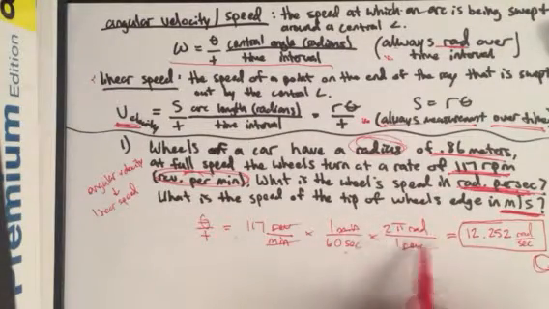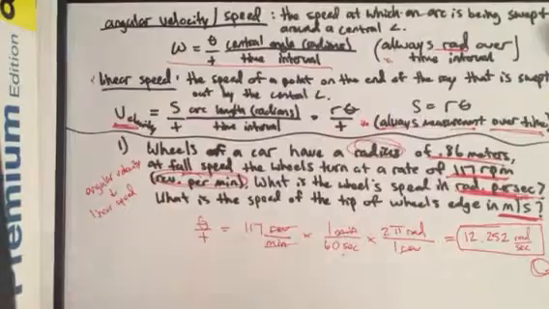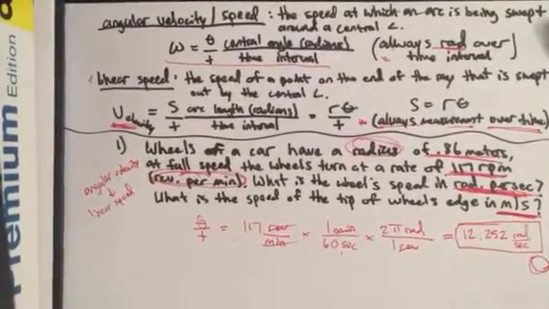So 2 pi radians over 1 rev, cross out the revolutions, and you're left with radians over seconds. Put that in your calculator, solve it, and you'll get, rounded, 12.252 radians per second.